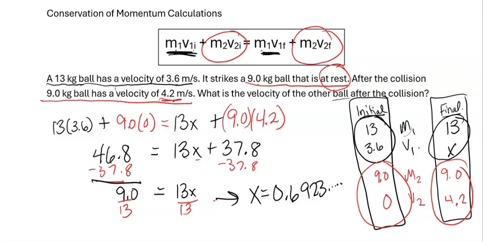And it looks like I have 2 significant figures for all of this. So I am going to go to 0.69 meters per second would be the final velocity of that 13 kilogram ball.